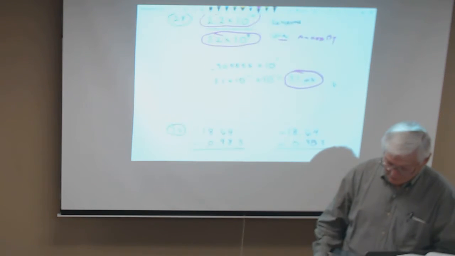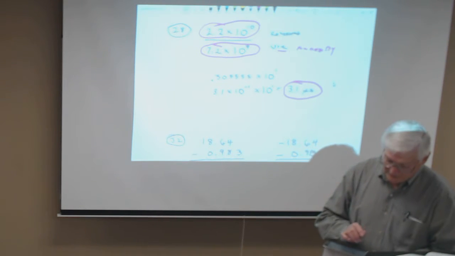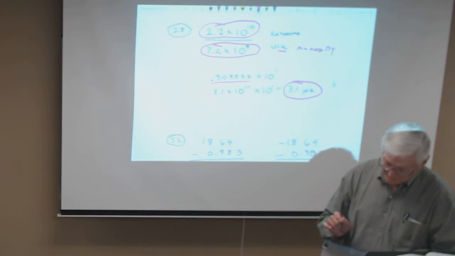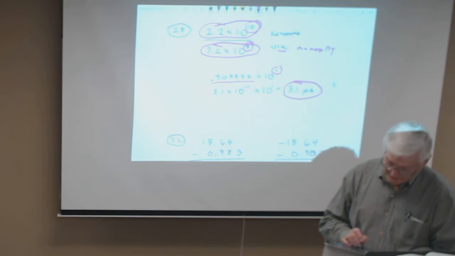Oh, do you see how I got 3.1? 2.2 divided by 7.2 is 0.30, and 10 to the 9th divided by 10 to the 10th, or 10 to the 10th divided by 10 to the 9th, is 10 to the 1st. And then when I move this over, no, that's not right. I made a mistake. When I move this over here, what does that do?